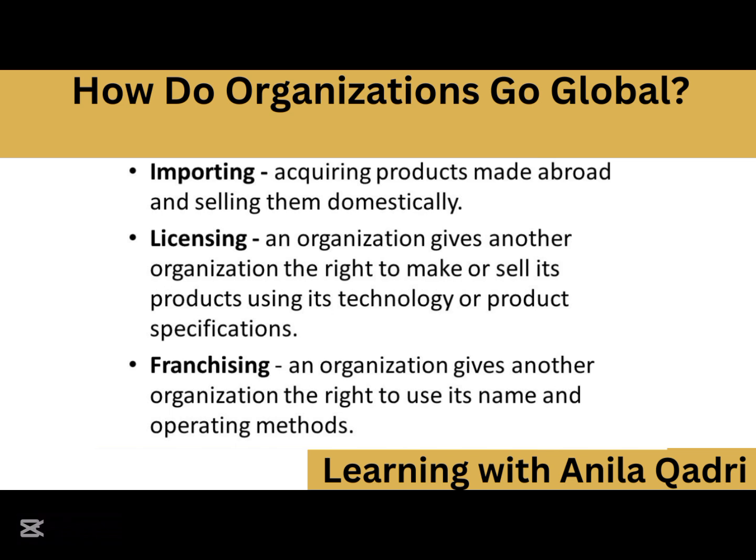Licensing, an organization gives another organization the right to make or sell its product using its technology or product specifications. What is franchising? An organization gives another organization the right to use its name and operating methods.